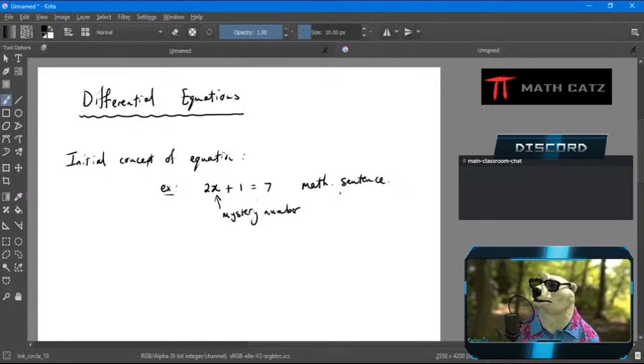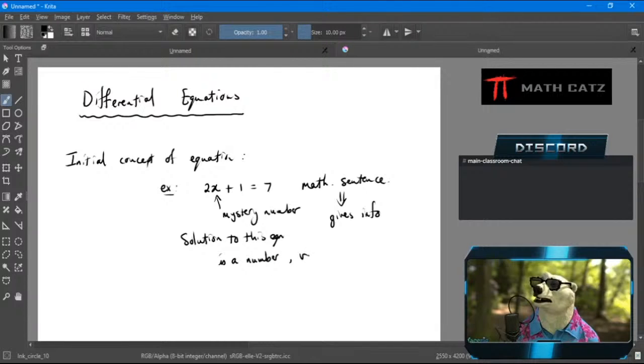And the sentence gives me information to find what that missing number is. And then when we solve it, the solution to this equation is a number.